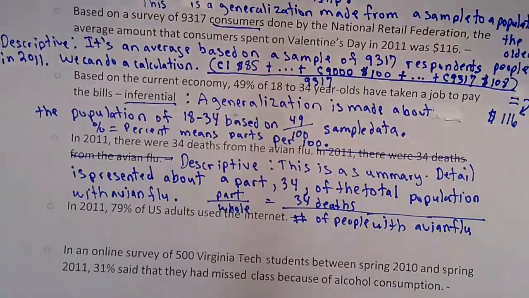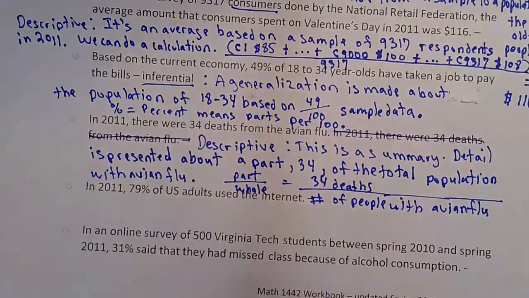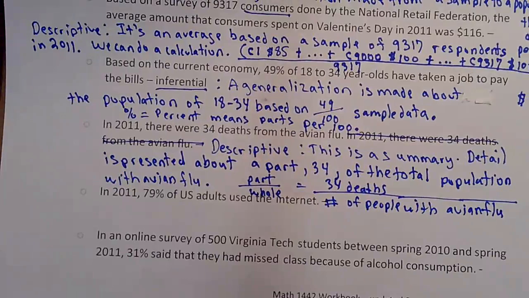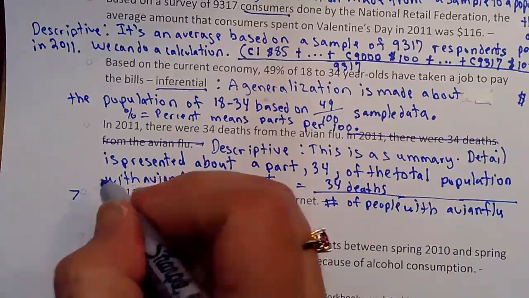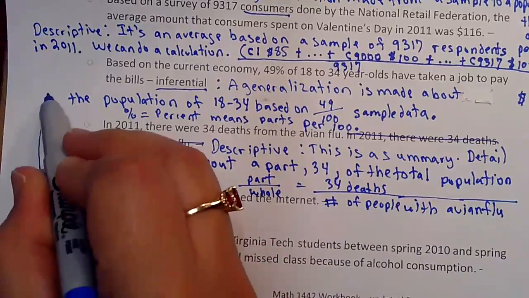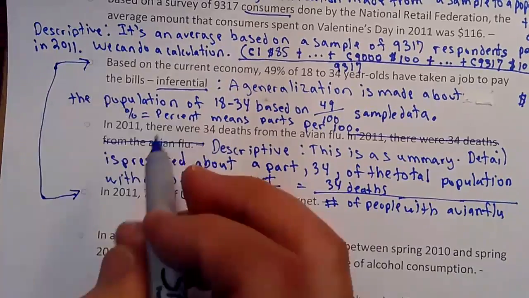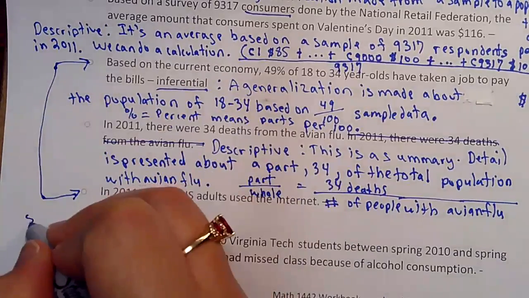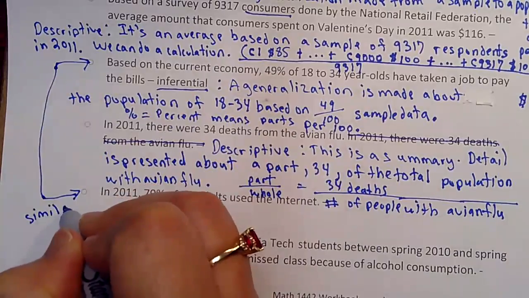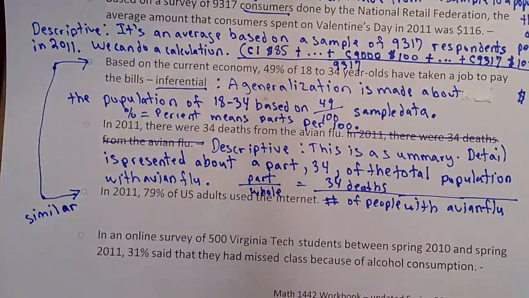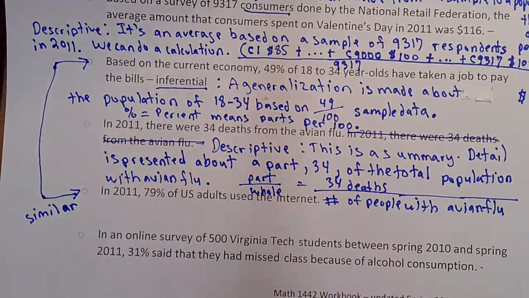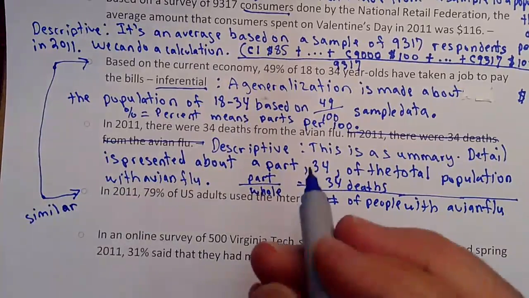And then this next one, in 2011, 79% of US adults use the internet. So this one is similar to this one, because they both have a percentage of the population, and so the reason would be very similar.